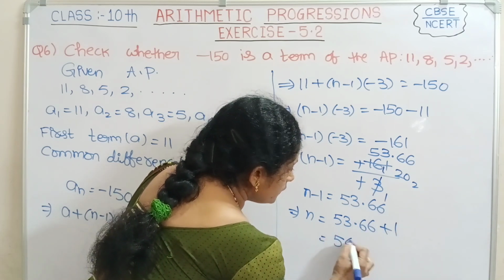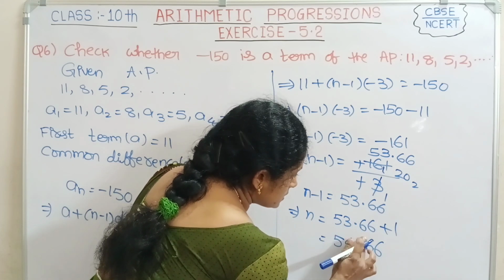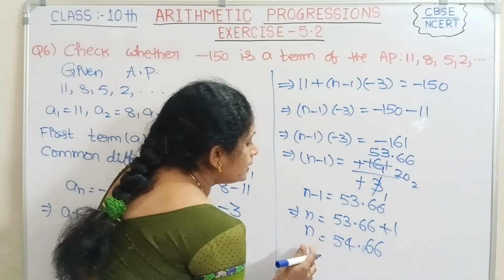It is 54.66. Here we got the n value as 54.66.